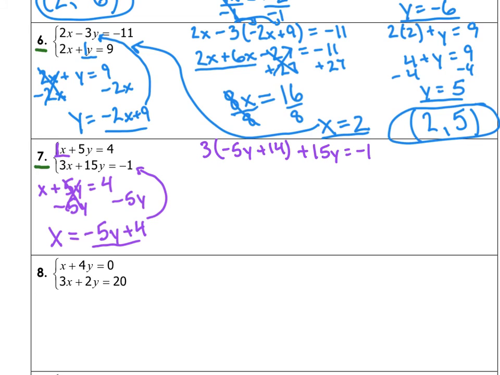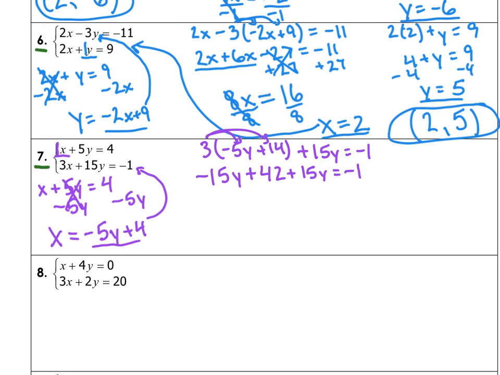There are still some very similar steps here. I need to distribute this 3 into here. 3 times negative 5, negative 15y, 3 times 14, 42. And if you have to check yourself using a calculator, you may go ahead. But I'm already noticing something that's going to happen here.